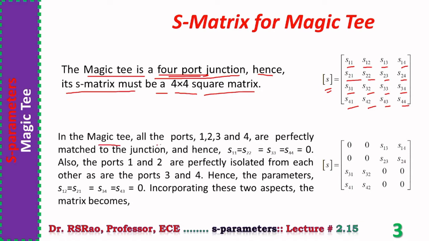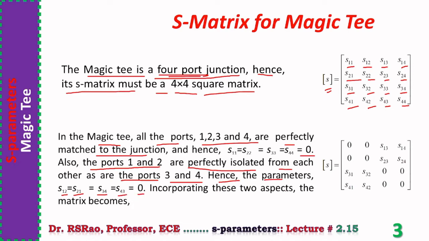In magic T, all the ports 1, 2, 3, 4 are perfectly matched to the junction, and hence S11 equal to S22 equal to S33 equal to S44 equal to 0. Also, the ports 1 and 2 are perfectly isolated from each other, as are the ports 3 and 4. 1 and 2 are collinear ports, whereas 3, 4 are side-arm ports. They are isolated. Hence, the parameters S12 equal to S21 equal to S34 equal to S43 equal to 0.